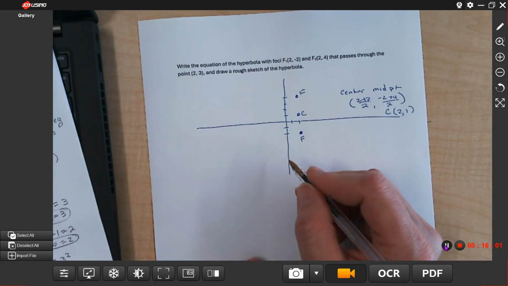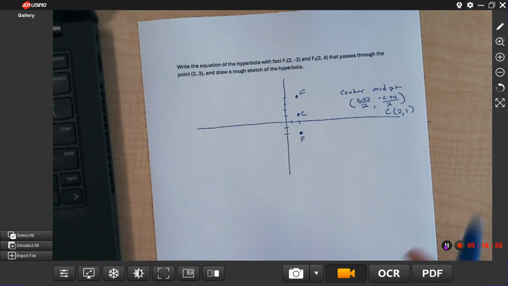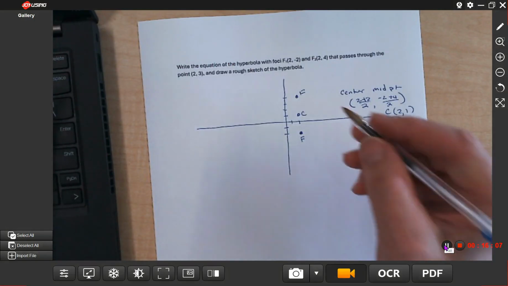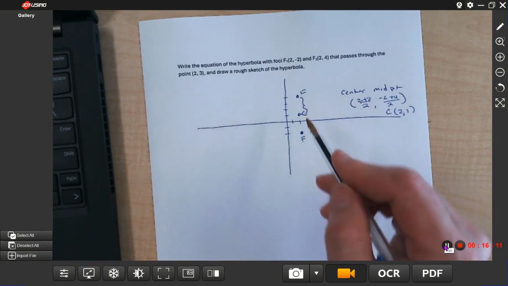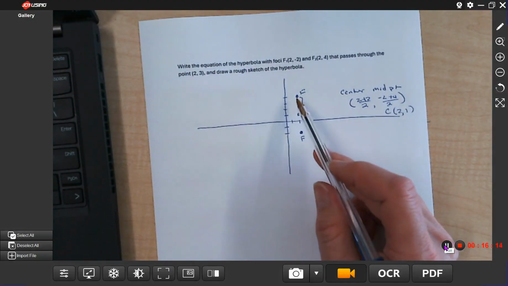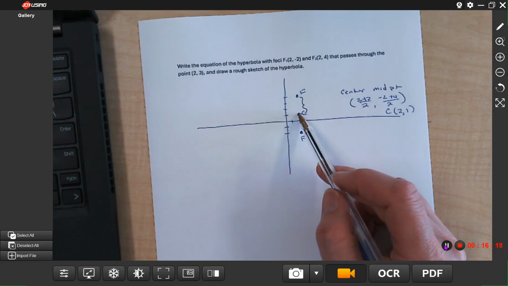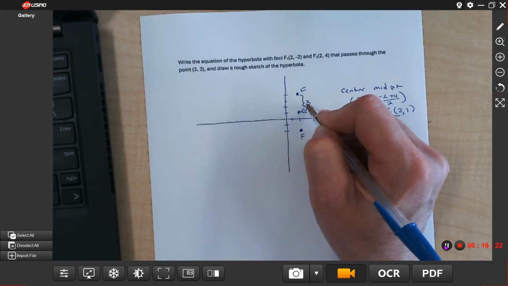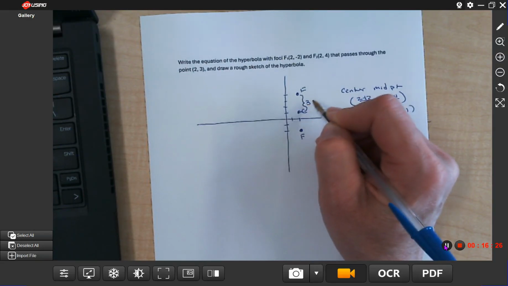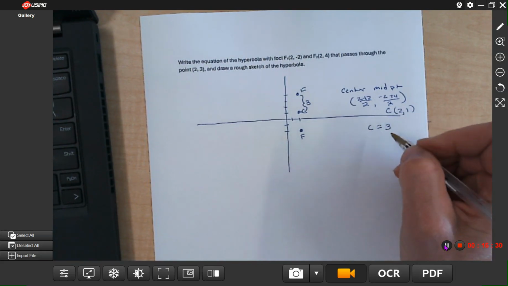Now I need to figure out any of the other values that I need. So I think I find this distance, that would be helpful. The only change between these two is the height. So from a height of 1 up to a height of 4, that is a 3. And the distance between the center and the focus is C. So C equals 3. All right.